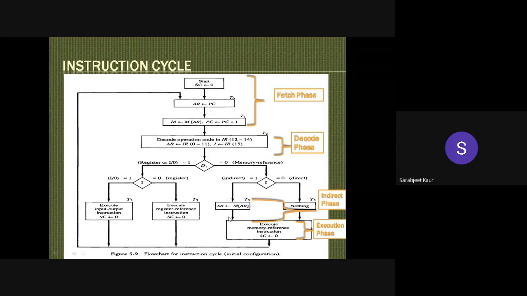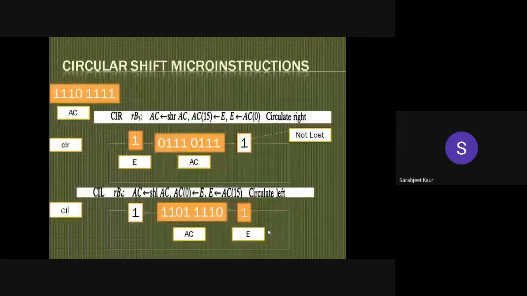So we have transferred the actual effective address of the operand into the address register, and after that the execution phase begins. Now today we are going to blow up this portion of the instruction cycle flowchart, and we will see how these different memory reference instructions are executed.